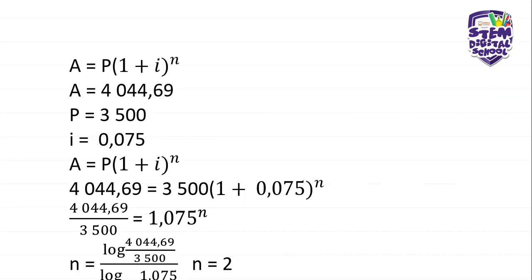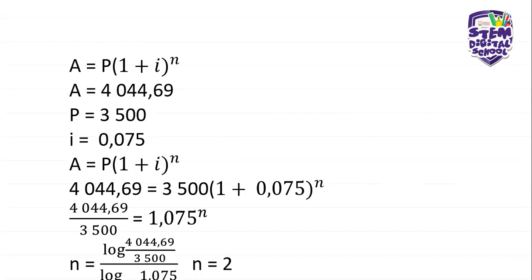But the quickest way to resolve this type of problems is to use the logs, in my view. If you have the basic understanding of the logs, then you can quickly put in the logs. And of course, with the use of your calculator, you can just see that the log of the decimal number there, when you divide the accrued amount by the principal amount, if you divide everything by the log of 1,075, you'll definitely get 2 if you use your calculator.